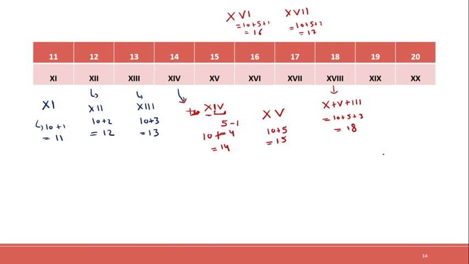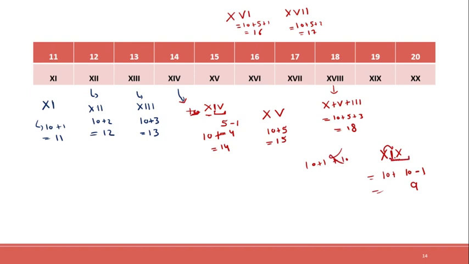For 19, it is a 10 here, and a 10 and a 1 on its left. 1 on its left means minus 1. Don't read it like this, first 10 plus 1 and then 10. It is wrong. First take the last two digits, okay?